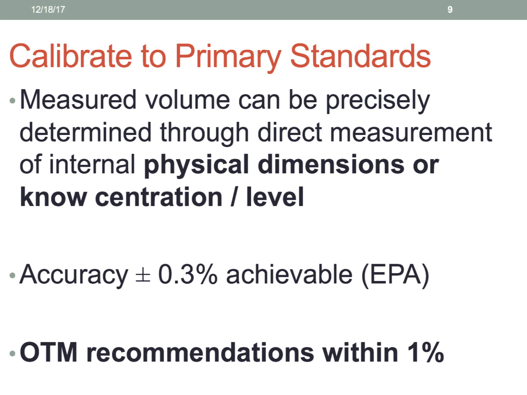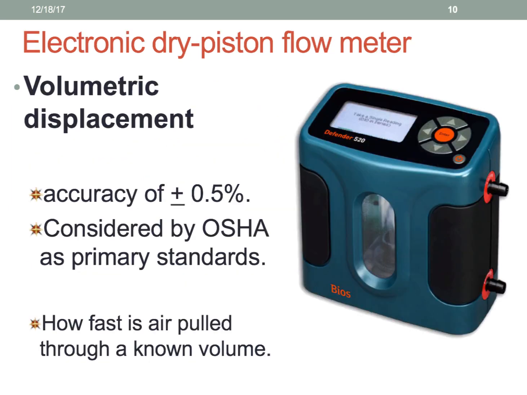Our primary standards are within 1% of error rate. This is what the OSHA technical manual recommends, and that is one of the reasons why they recommend the use of a volumetric displacement device, which is our dry cal. This is within 0.5% of accuracy.